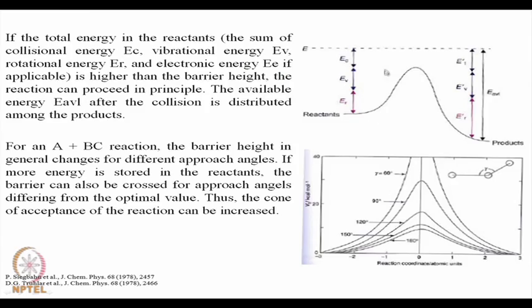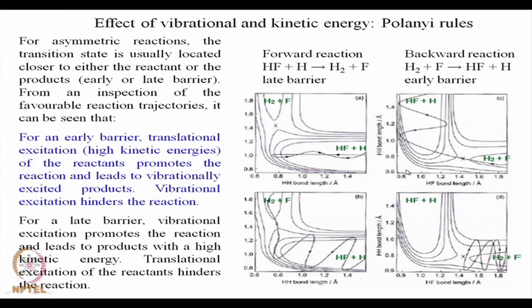The cone of acceptance can vary depending on the total energy in the reactants. We also talked about Polanyi's rule regarding the late barrier and early barrier, and how vibrational energy and kinetic energy can affect the process.